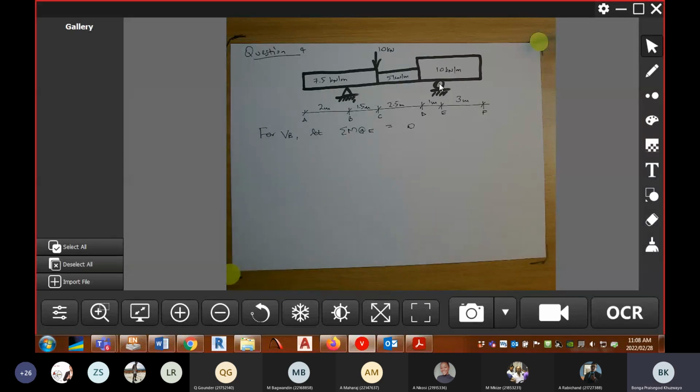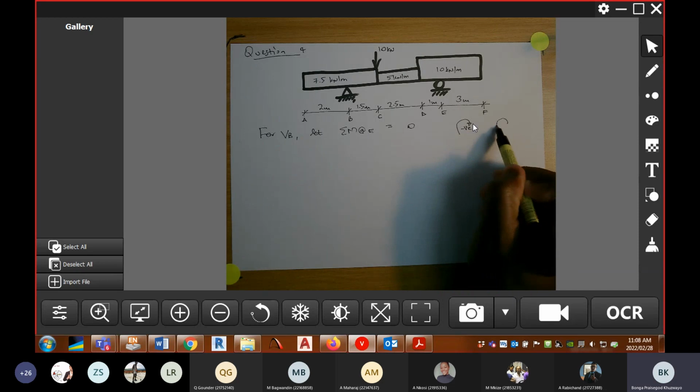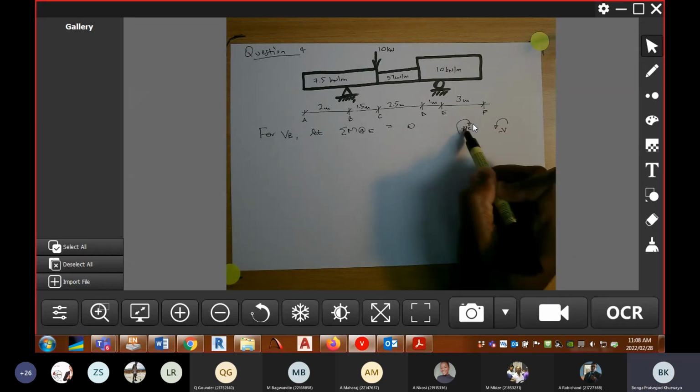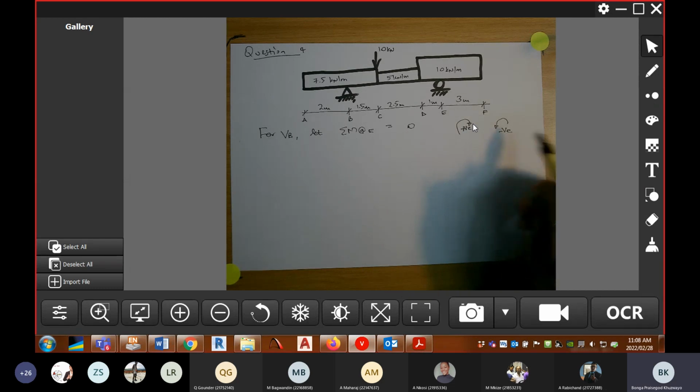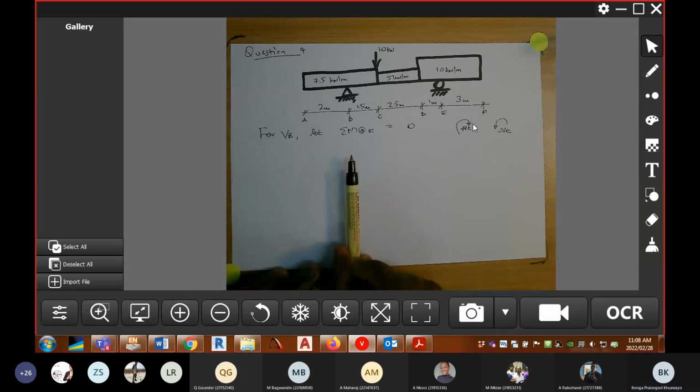In terms of the sign convention we are using, clockwise moment is positive, anti-clockwise moment is negative. So I'm going to assume that VB is going up.